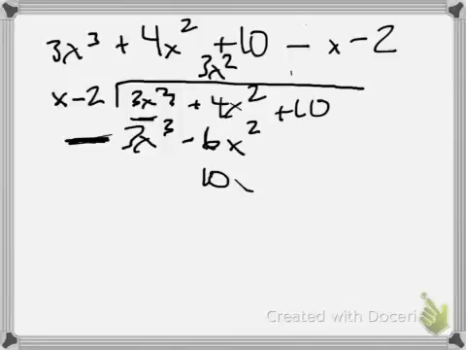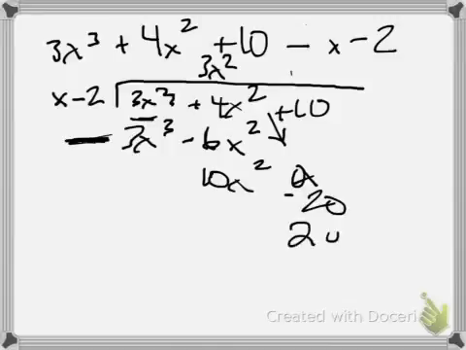So technically this will be 10x squared, and bring this down. And then it's 20x plus 10.